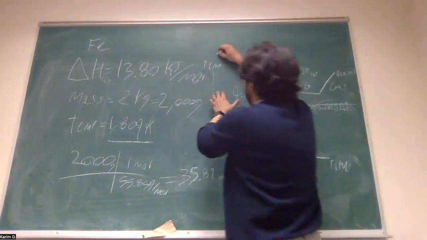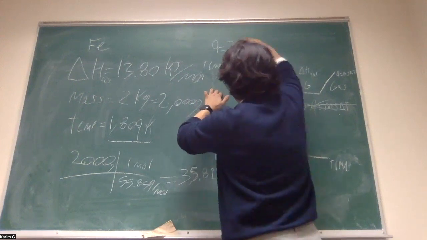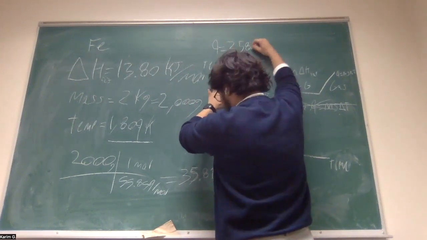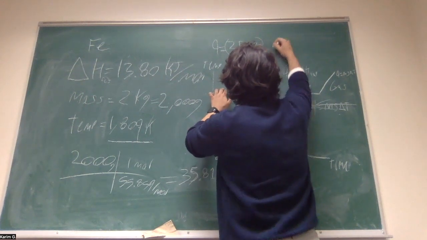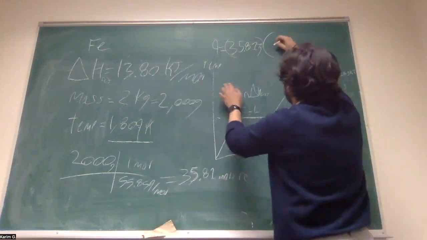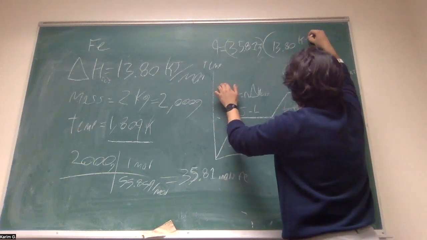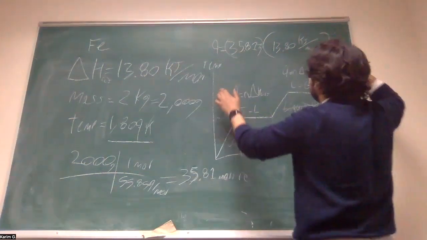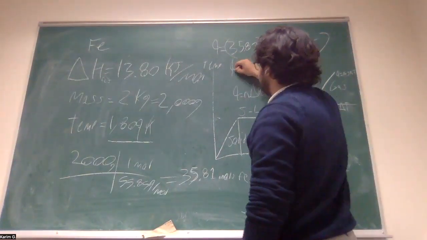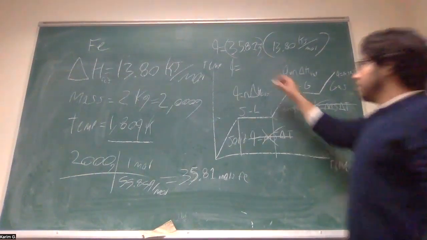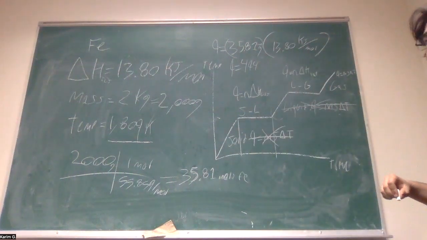Okay. So then Q is equal to 35.81 moles of Fe times our heat of fusion, which is 13.80 kilojoules per mole. What do you guys get when you solve for that? 494 kilojoules, right?